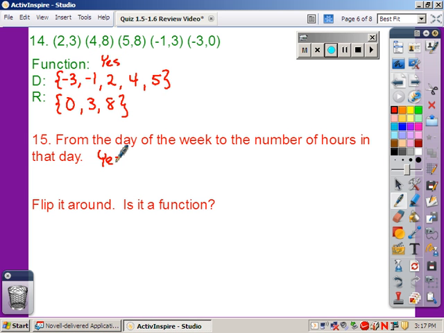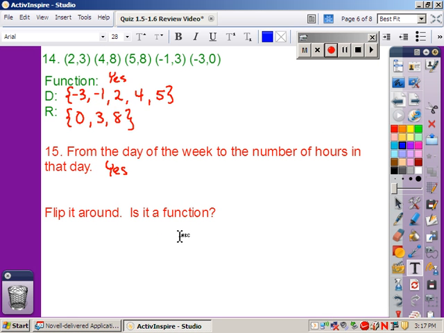This is a function. If you look at it the other way around, you flip it around. We're saying, is that a function? So now we're going from the number of hours to a specific day. So if I say 24, well, does that automatically give me just one day?